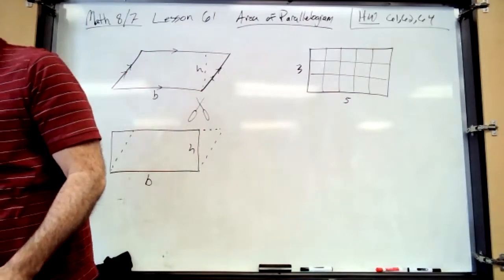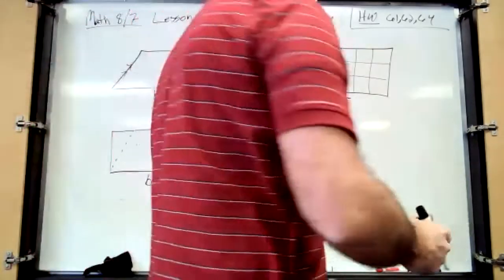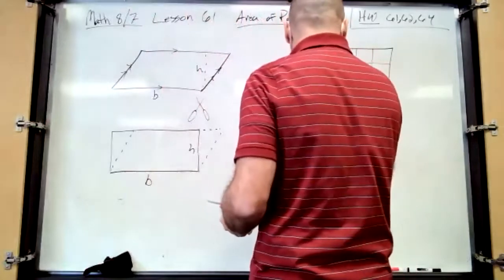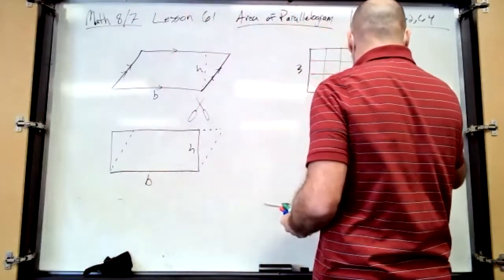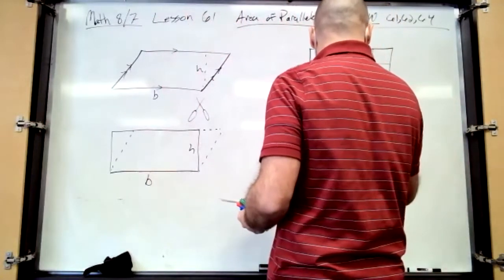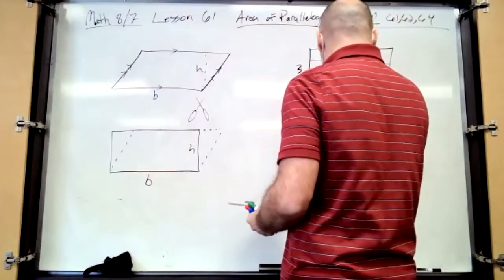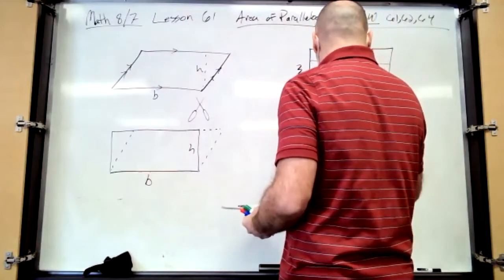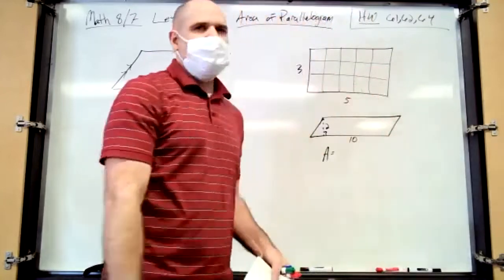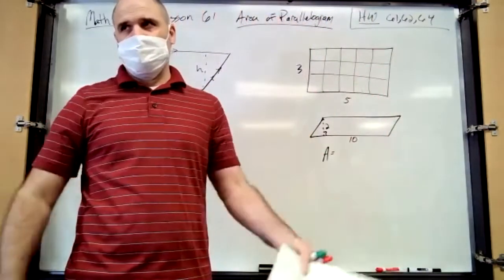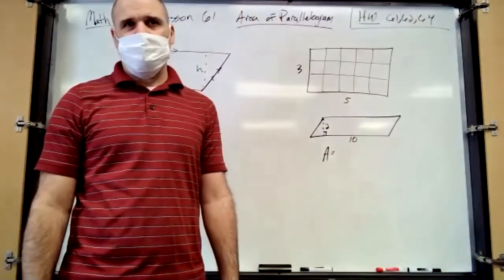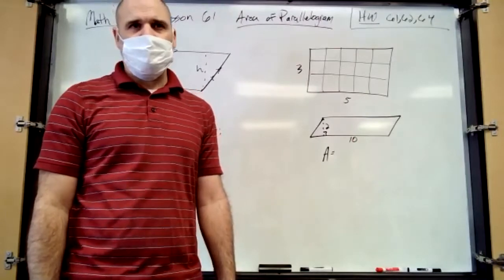So let's say we've got a parallelogram that looks like this. What's the area? 20. It's that simple, right?